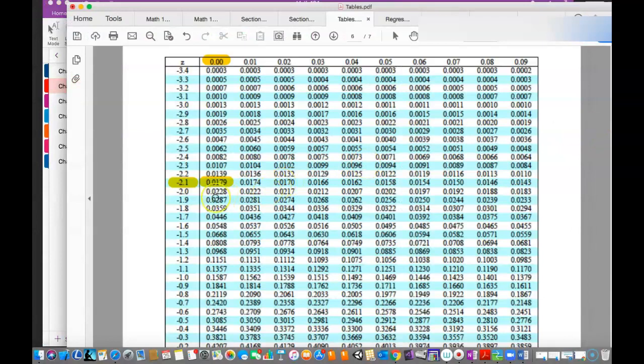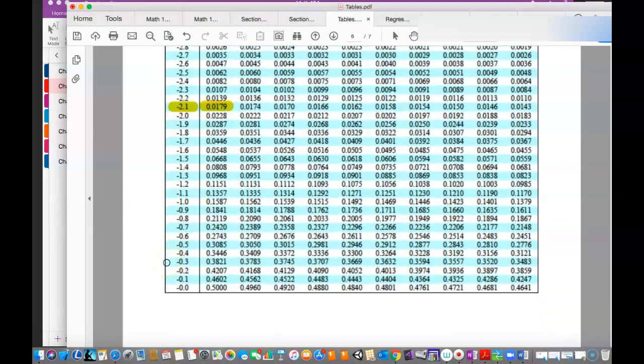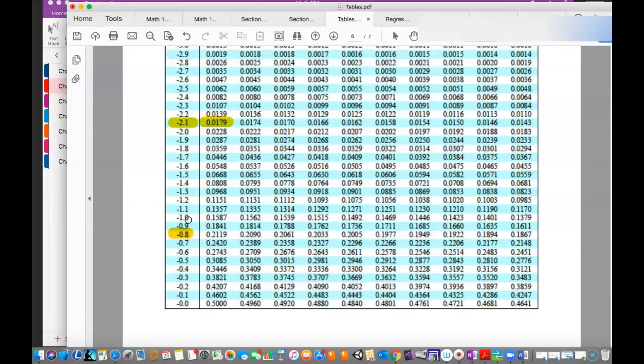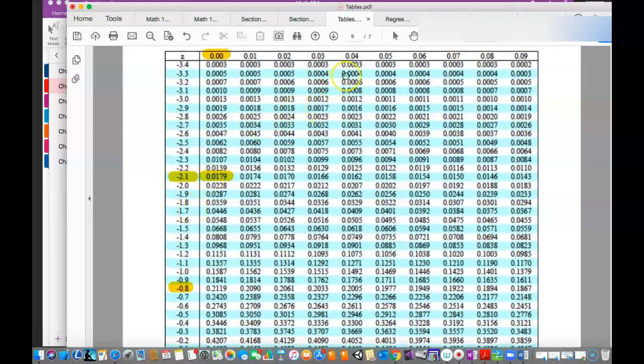Okay, so first negative 0.85. Here is 0.8, and here on top we have 5. Adding these two, we have negative 0.85. So the area is 0.1977.